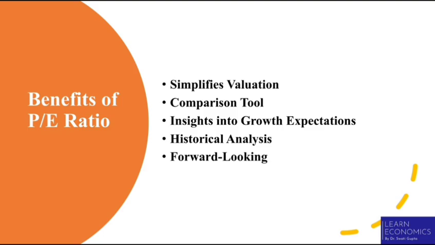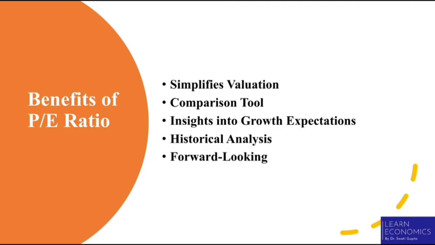Fourth, historical analysis. Comparing a company's current PE ratio to its historical PE ratio helps investors identify whether a stock is overvalued or undervalued. If a stock is trading above its historical PE ratio, it might indicate that the stock is overvalued.